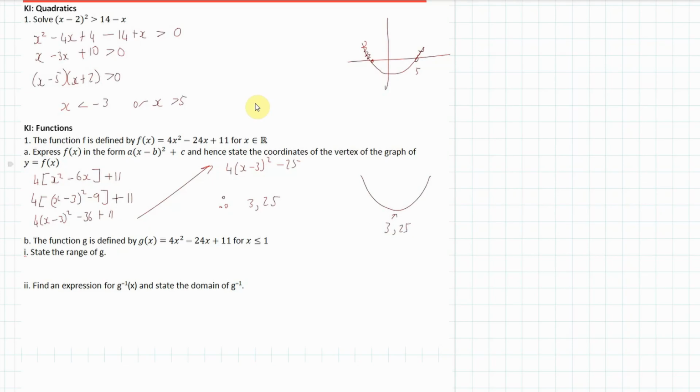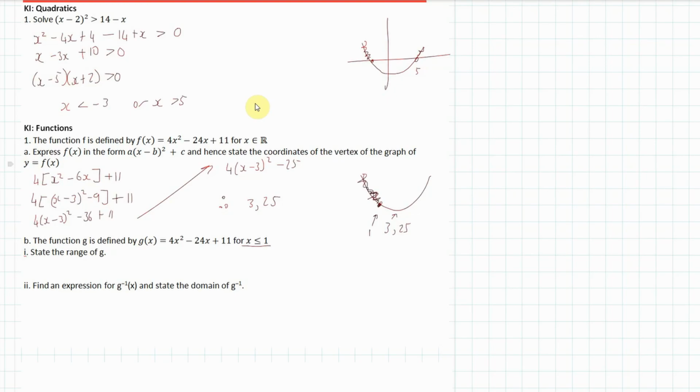Oh yes, we've got a domain here: x is less than or equal to 1. I guess what we'll do is, well, we know less than or equal to 1. Here's 1 here. So everything's going to be higher than that point there.